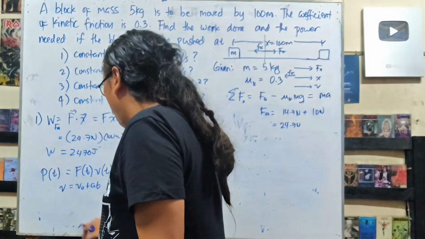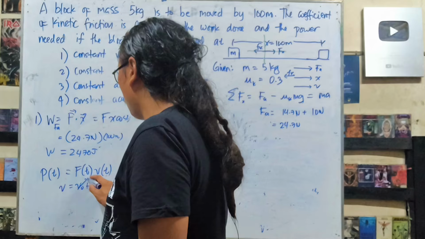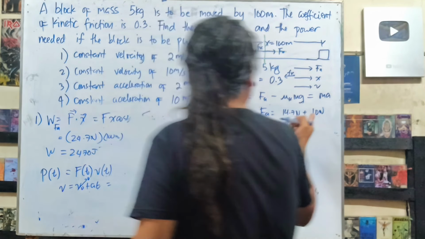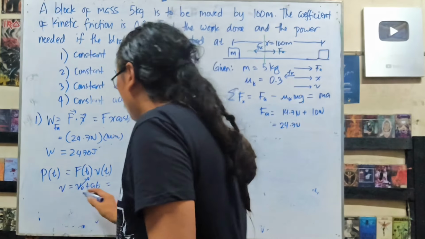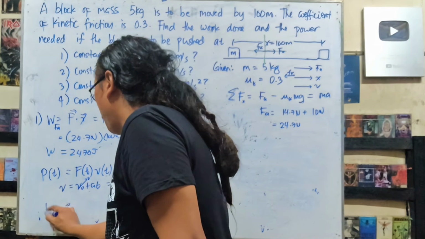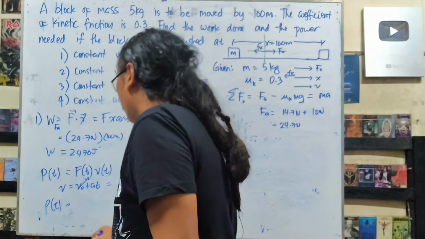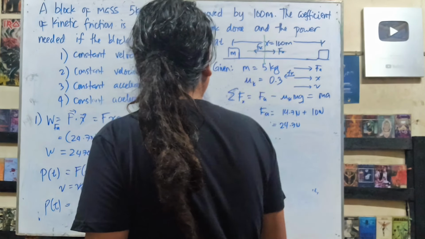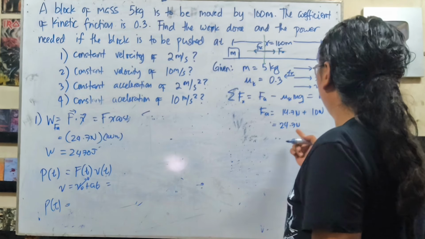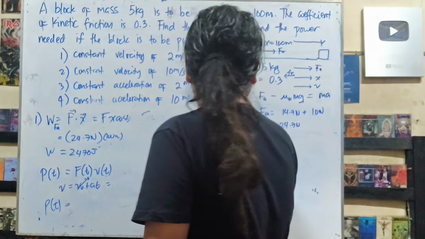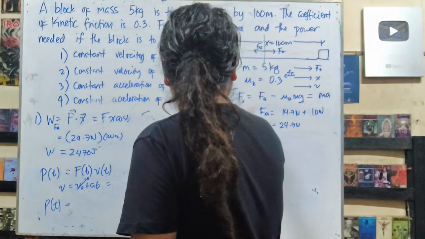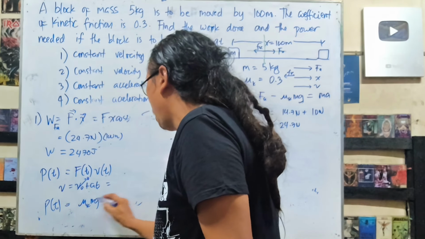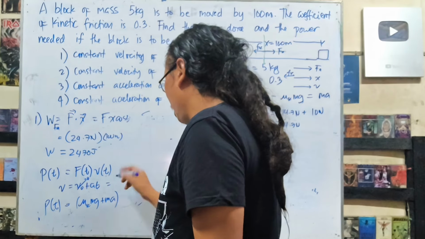So our power now, if V naught is 0, our a is 2. So our P of t would be equal to the applied force, 24.7, or I'll just derive the equation. So this is mu k mg plus ma times 2t.